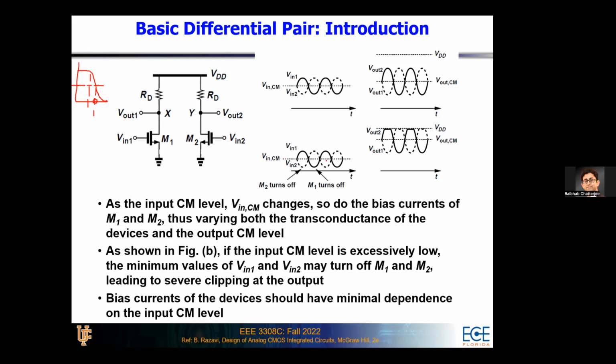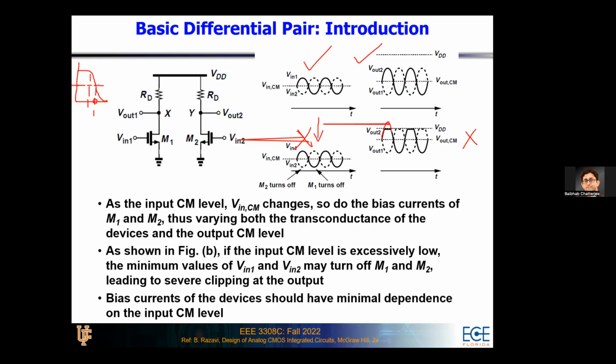So if your input voltage is low, which is this case as compared to that one, so this is the correct one and this is the wrong one. So you should not have an input voltage that is too low. What would happen in that case is that your output DC point will be at a much higher voltage as compared to this. So this is correct, and again this is wrong. Why is that? Because your output DC voltage is too high, and because of that you will not get the full sinusoid.